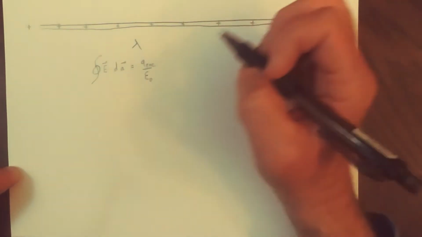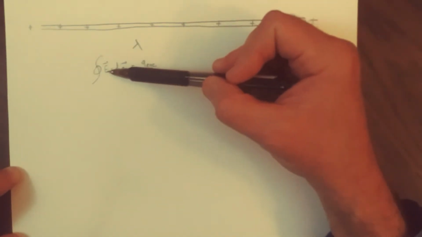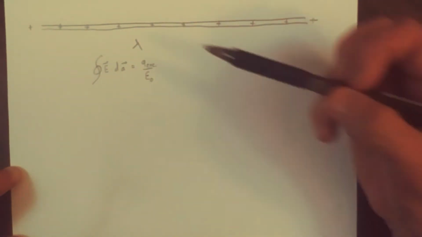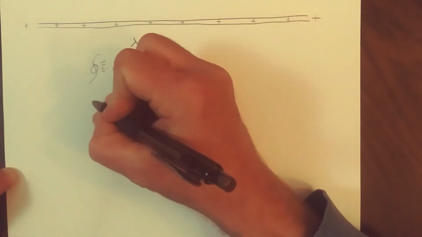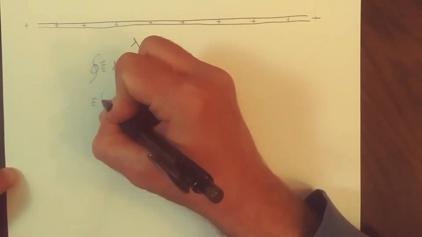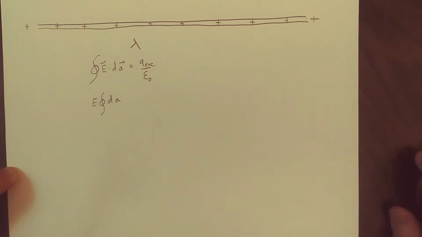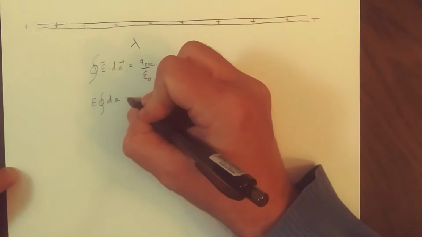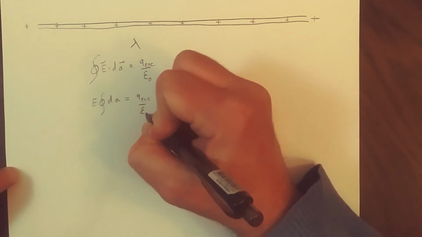So, as we mentioned before, if we want to use Gauss's law to find E, we need to find a closed surface on which the electric field is everywhere the same, so that we can pull E out of the integral and end up with an expression that looks like that, where we no longer have a vector expression because we've evaluated the dot product. Okay, so that should then look like that.